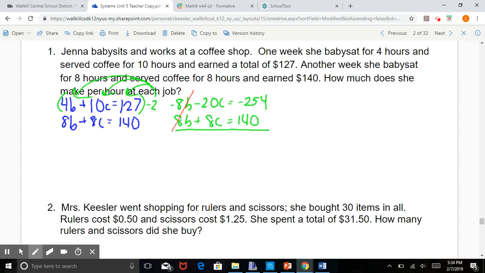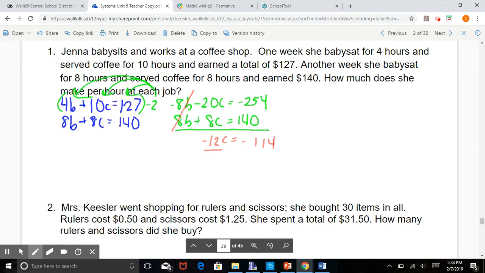Negative 20C and positive 8C give us negative 12C equals negative 254 plus 140, so that's going to be negative 114.